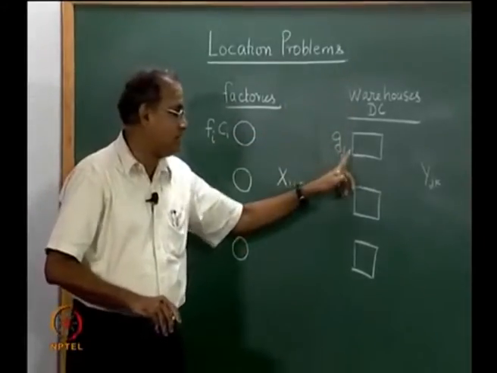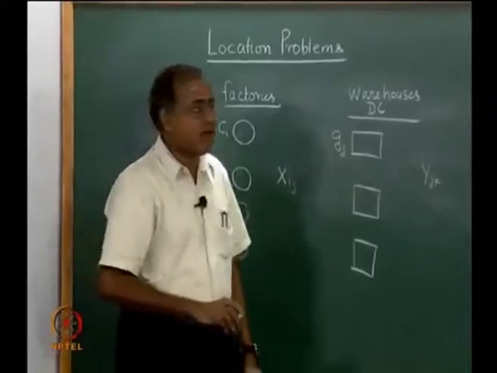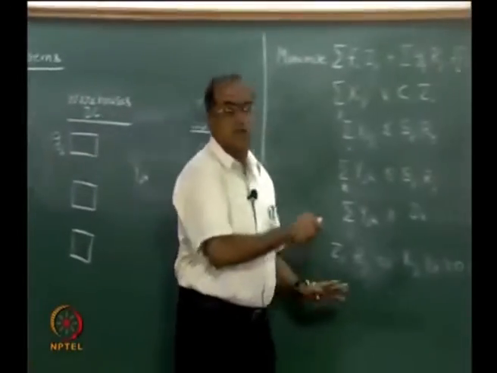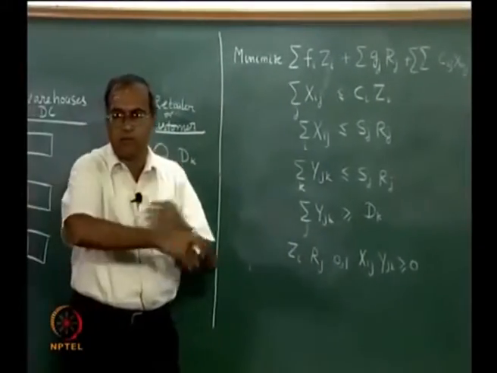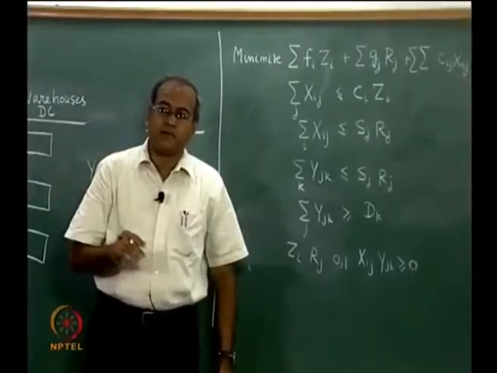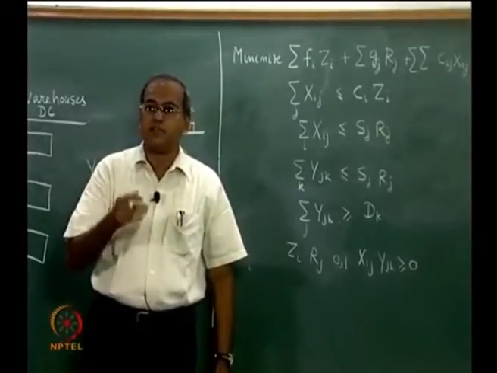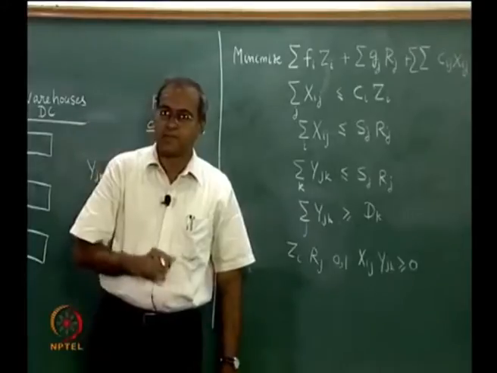So, there will be one more dimension that would come in. As we add the number of dimensions, the problem becomes far bigger and more complicated in terms of number of variables and in terms of number of constraints.